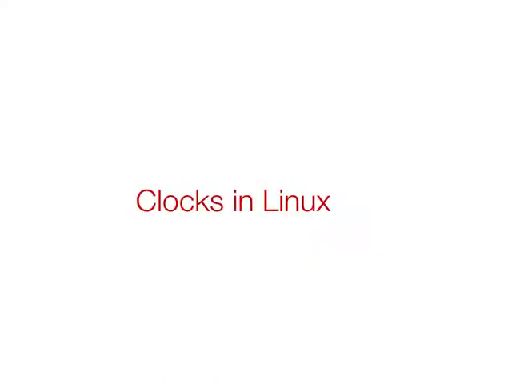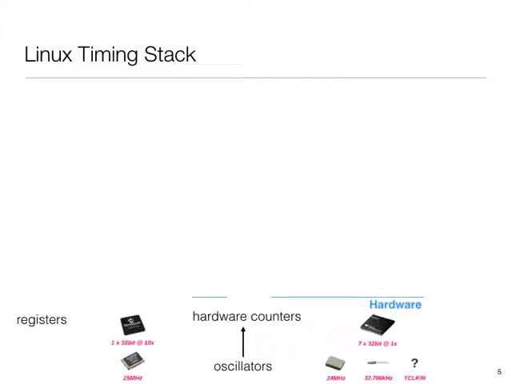We're going to focus on different kinds of clocks that the Linux operating system provides. All the other operating systems like Windows and Mac follow the same approach which Linux provides. So how does the Linux timing stack look like? First, in the hardware, you have these hardware counters that get their fundamental frequency, basically the tick, from the oscillators.